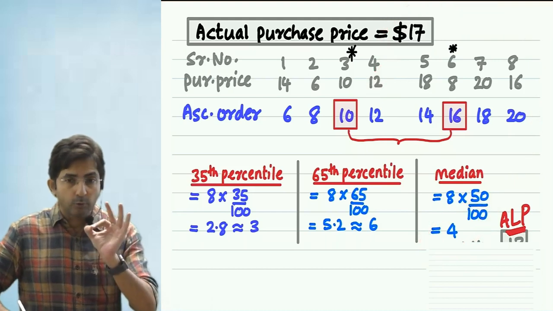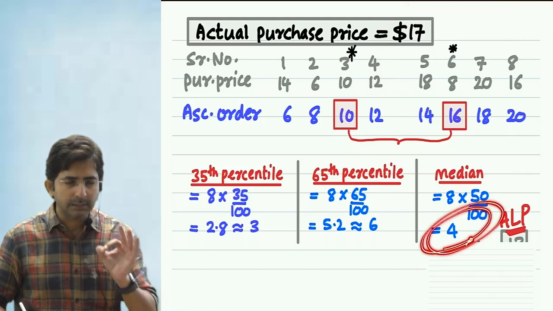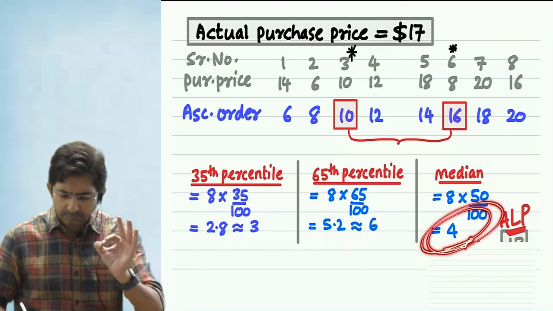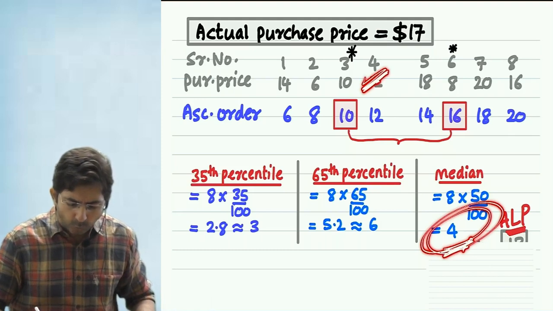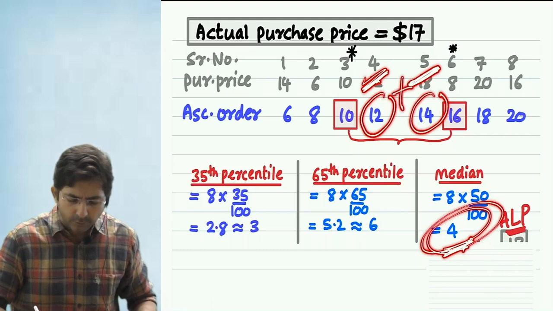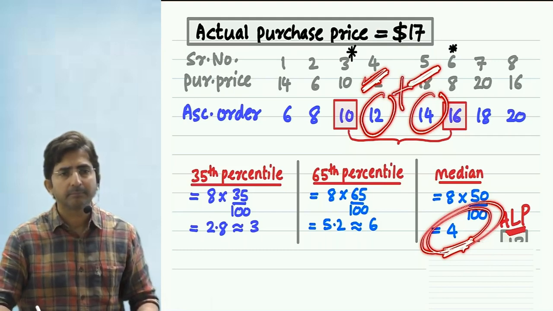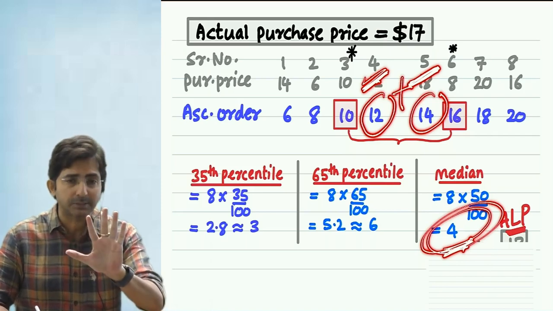You know what I will do now? Look at this. Since the answer is 4, it's about to get over. Wait, patience. Since the answer is 4, I will select the price of 4th serial number and price of 5th serial number, and then I will take the average of that. I will explain the logic of each and everything. Have patience.